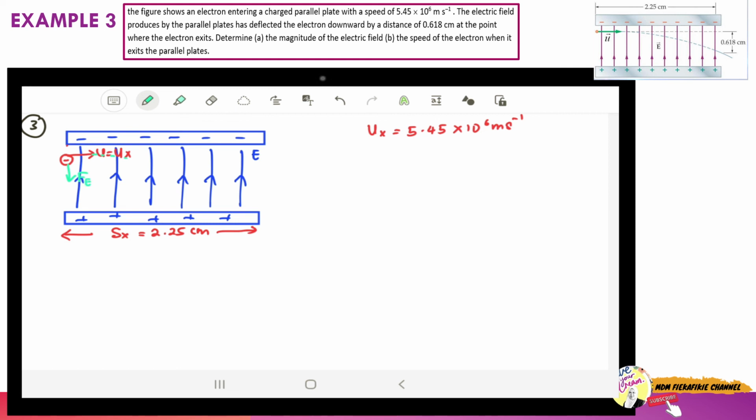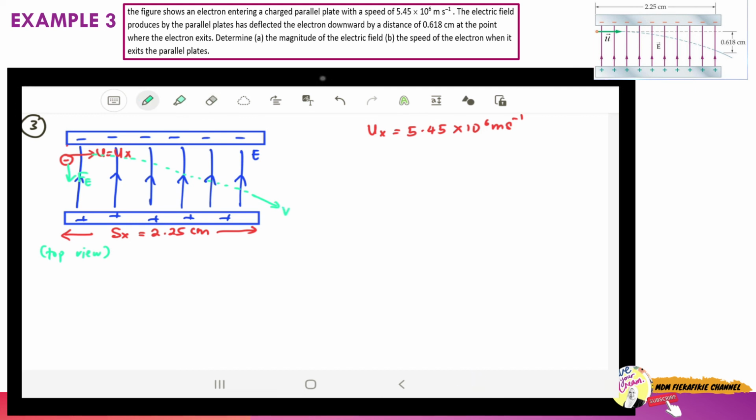I consider this as the top view, because I want to ignore the weight of the electron. Since this is the top view, we just have the value of Fe. The direction of W in the top view is into the page. Now the electron will be deflected in this direction, and it will exit the plate with the final velocity V.